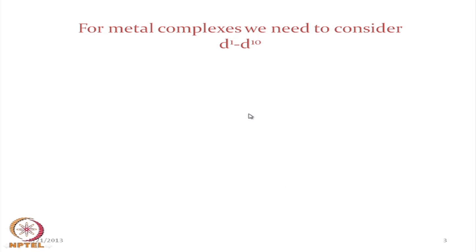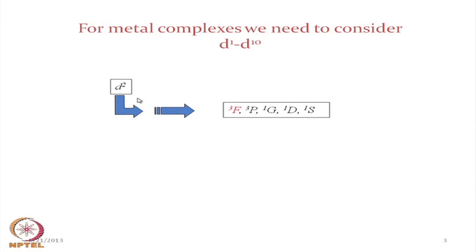So, for other metal complexes, we should not be happy with only the p2 electronic configuration and its corresponding term values; we should deal with other electronic configurations. That means, at the same time, we will be dealing with d1 to d10 electronic configurations to get these corresponding term symbols.